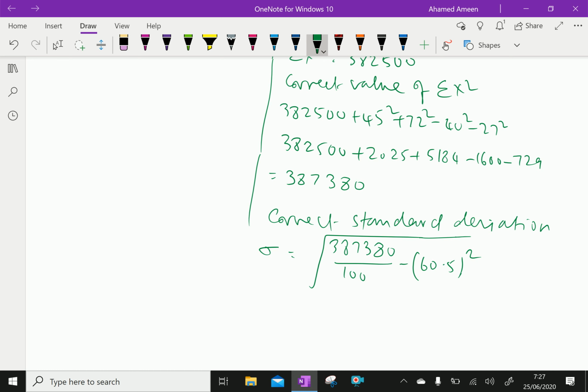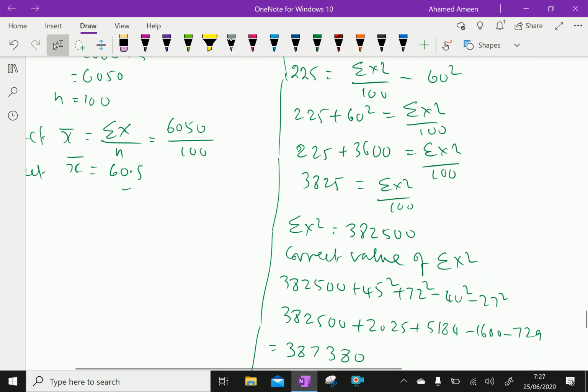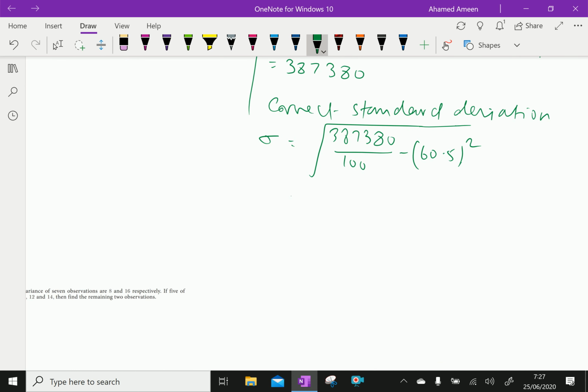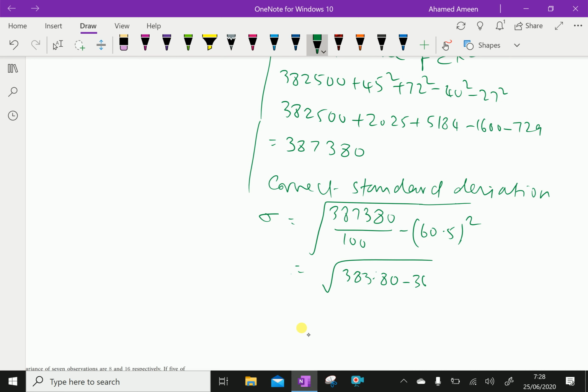The new mean square is this much, which is equal to, in the final calculation, you can write, square root of 3873.80 minus 3660.25.